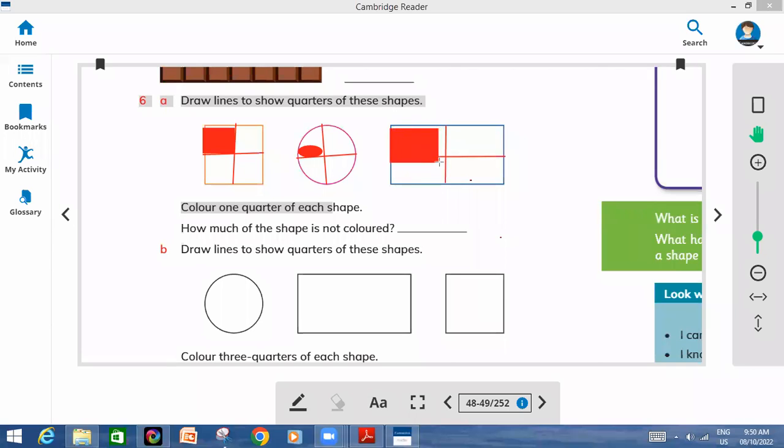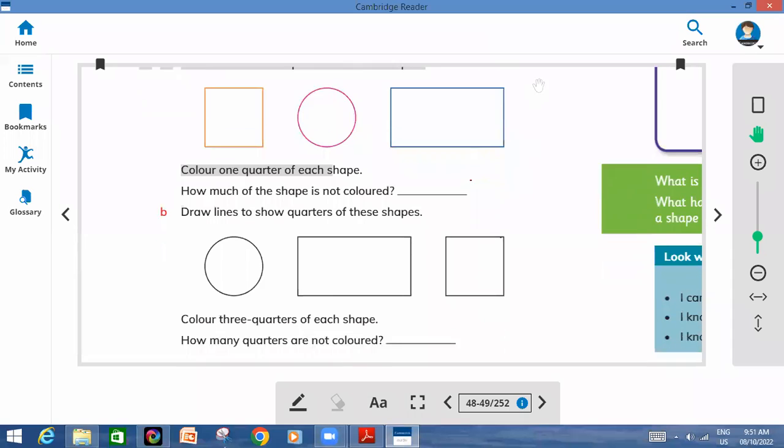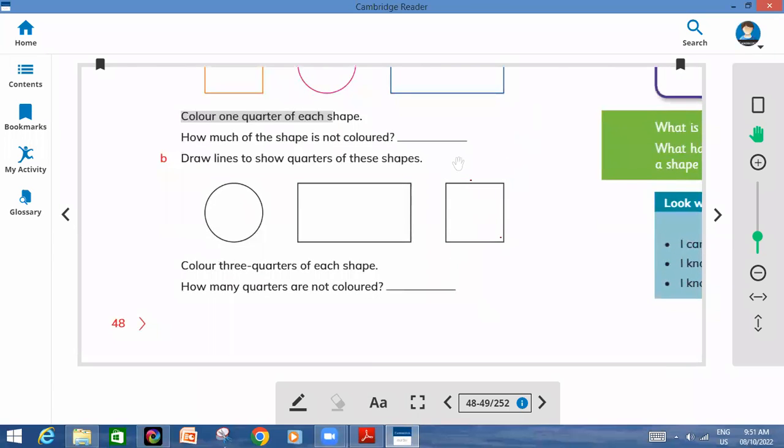How much of the shape is not colored? So 3/4 are not colored in each shape. Okay, so that was the question. It was interesting. We have drawing and we have coloring also, and we can understand. So such questions are easy to understand.